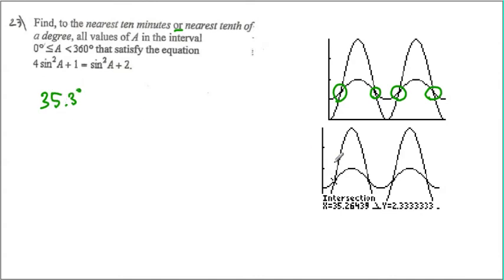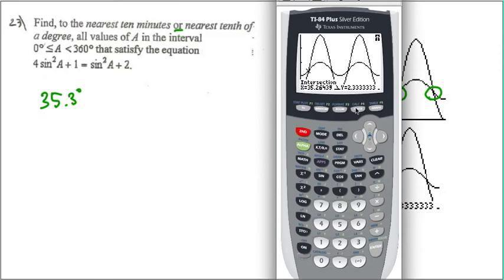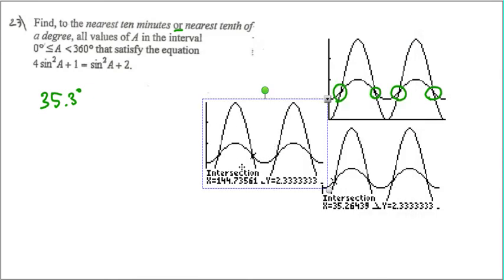Now let's go for the second one. Same thing, second calc, number 5, first, second, and right before we guess, we just have to get closer to the intersection which we are looking for. That was 144.7.